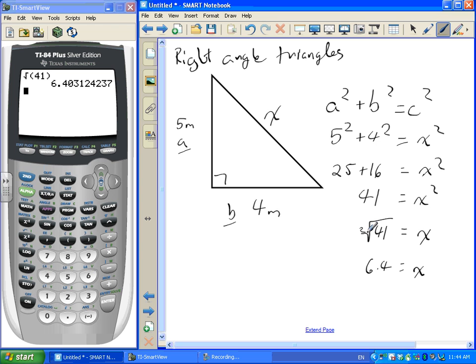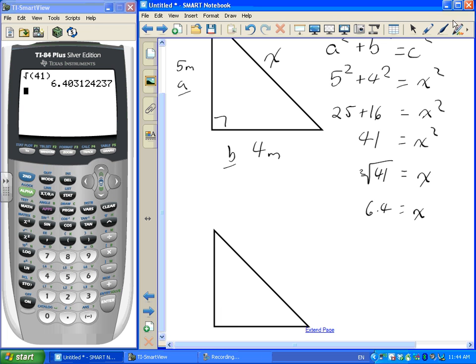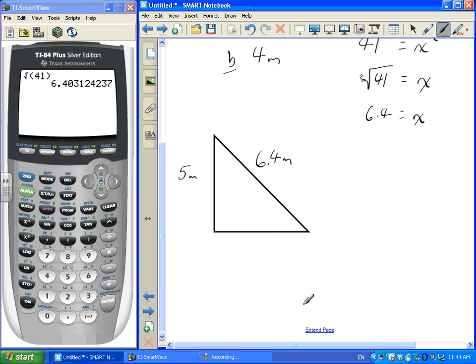So our x is 6.4. Now, let's say with that same style triangle, we'll draw another triangle down here. Let's say we have hypotenuse is 6.4. This is 5. And we're looking for this side of the triangle. What formula can I use? Pythagorean, again.